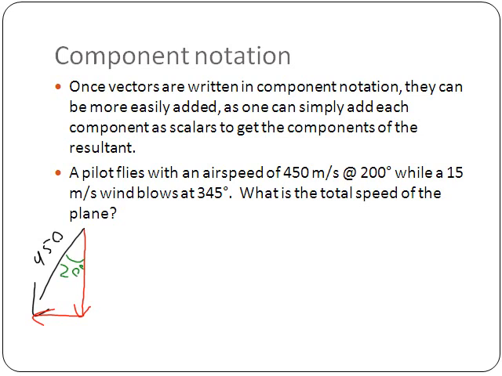If we want to find our two components, for the y component we take the adjacent side divided by the hypotenuse. Adjacent over hypotenuse is cosine. So y is equal to 450 cosine of 20.